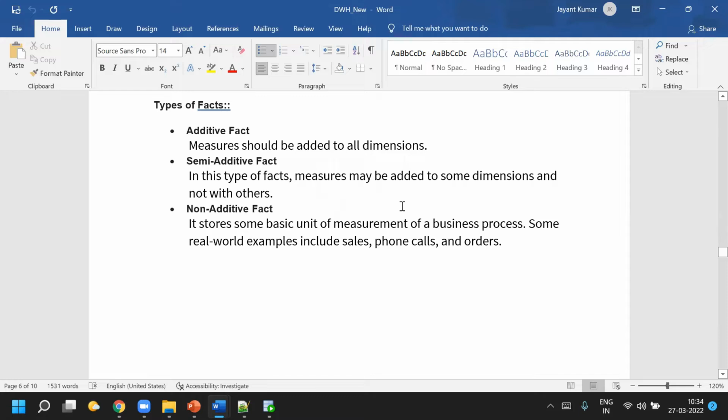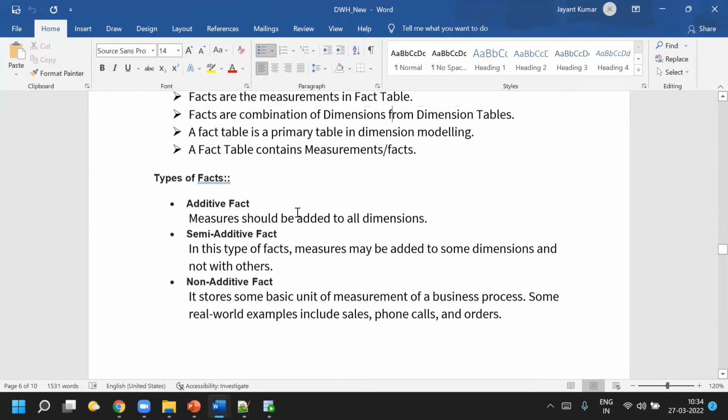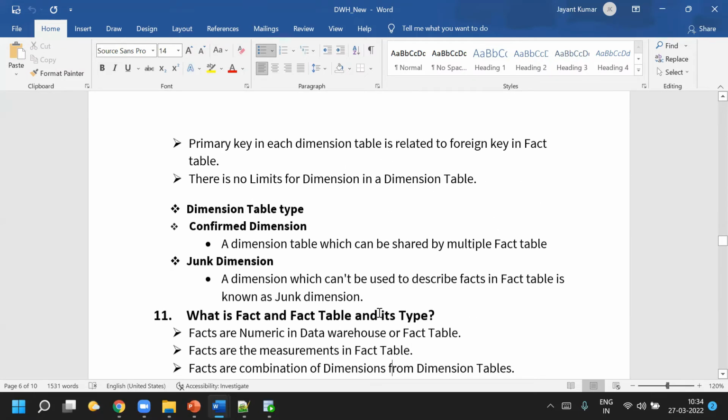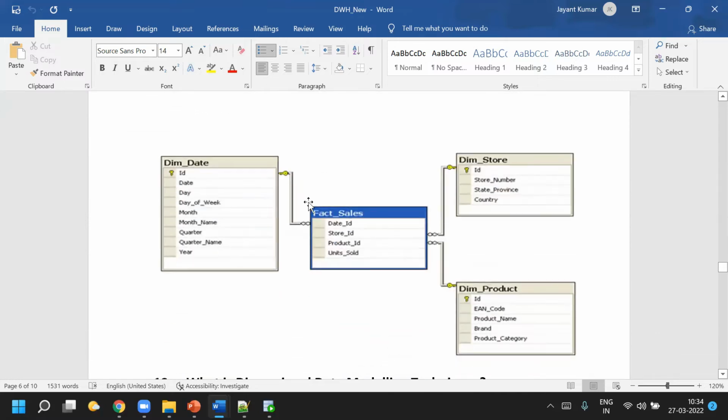Generally, in a company's data warehouse you will have dimension tables and fact tables. The source side will not have dimension and fact tables. Only on the target side will we have fact tables and dimension tables. So this is the data warehouse architecture toward the target side, not the source side.